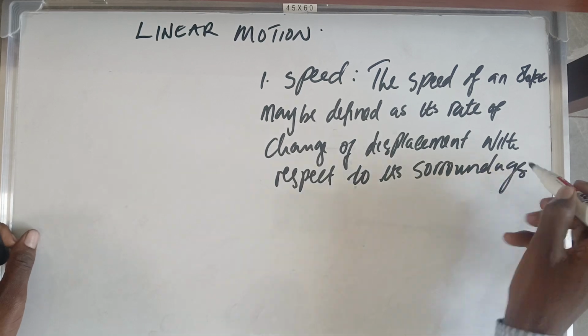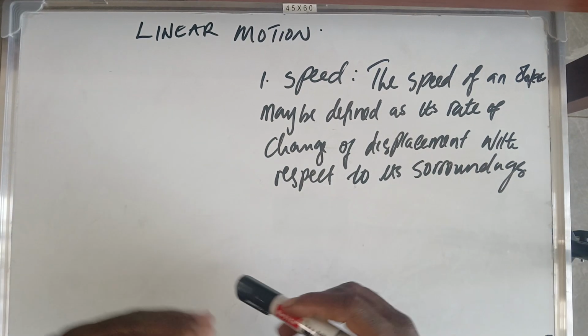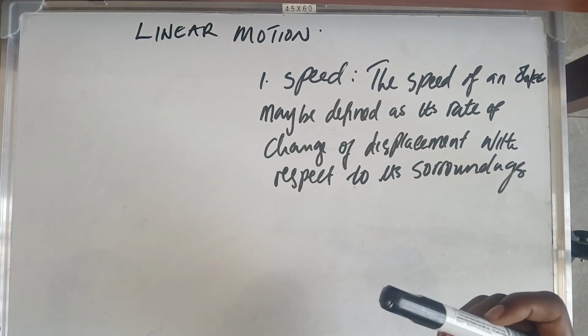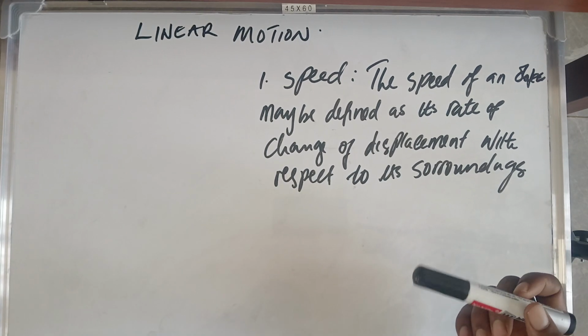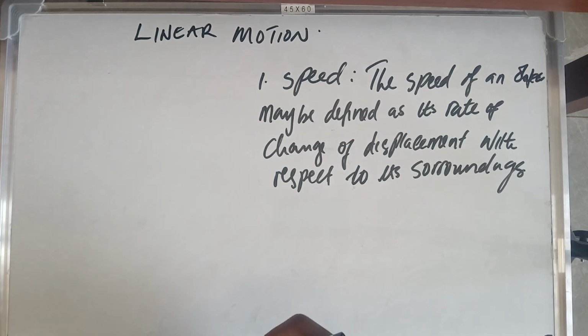Okay, so that's the definition of speed. The speed of an object or a body may be defined as the rate of change of displacement with respect to its surrounding. So how it's changing with the surrounding is what we may define as speed.